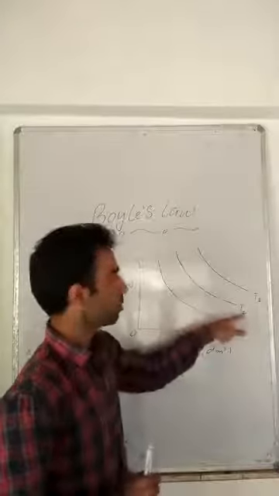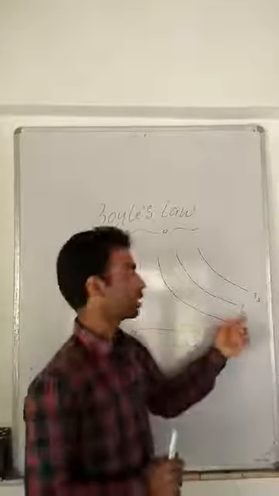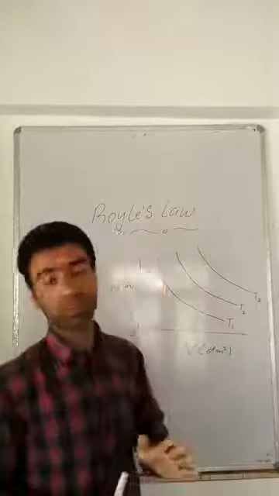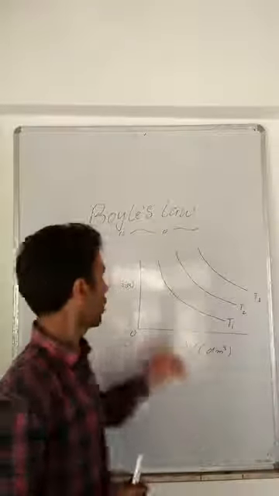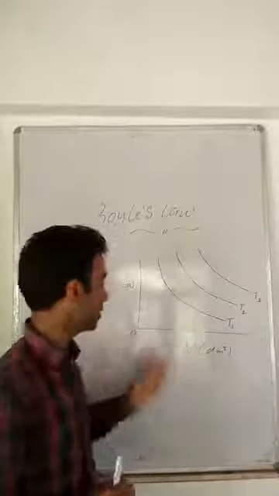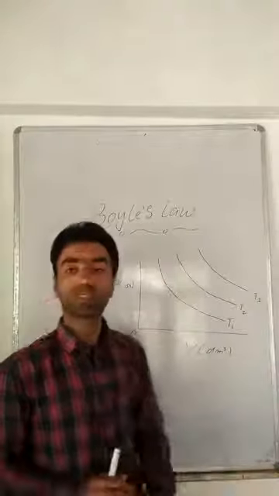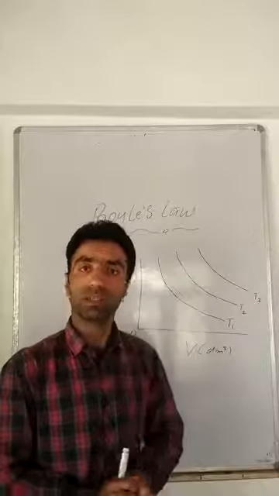Again, at temperature T2, if I carry out another experiment for the same amount of gas, remember the amount of gas has to be fixed for all three curves. We are discussing the graphical representation of Boyle's law at different temperatures, keeping the amount of the gaseous sample constant.